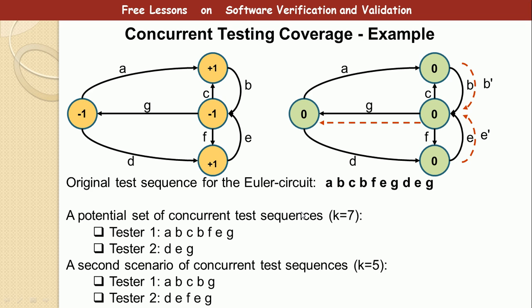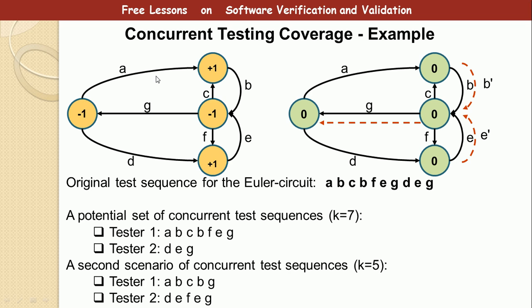This time we choose K to be 7. It means that the first tester will carry out a test that covers 7 transitions. Then the remaining transitions will be handled by the second tester. That is this first scenario here.